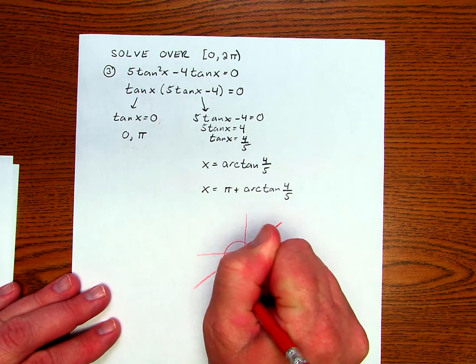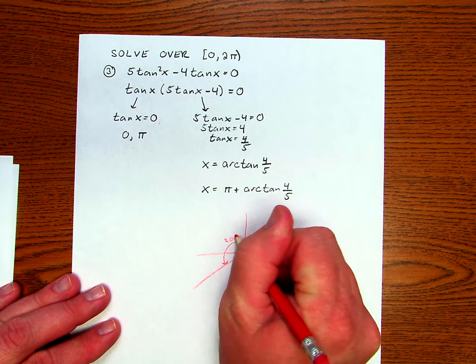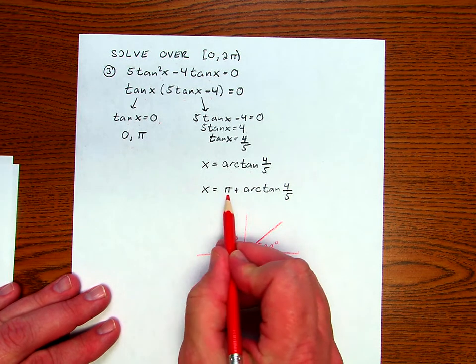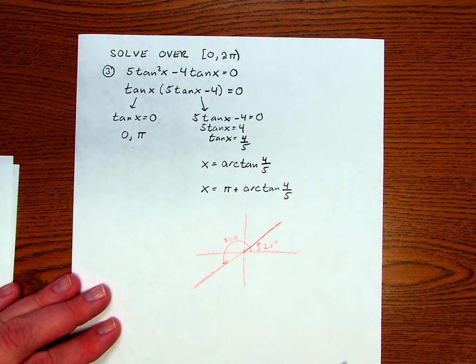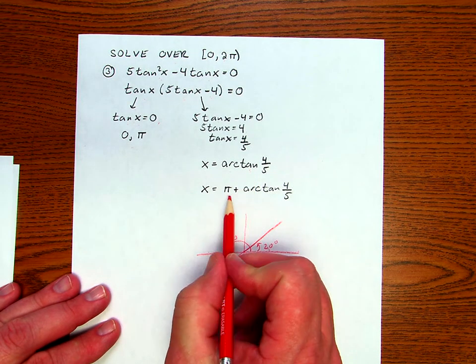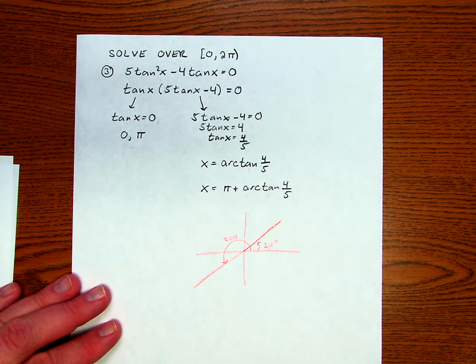This solution here would have to be 200, or in other words, 180 plus 20. Instead of 180 plus, it's pi plus, because we're in radians as opposed to degrees. Instead of a nice clean angle like 20 degrees, it's the arctan of 4/5. So pi plus the arctan of 4/5.